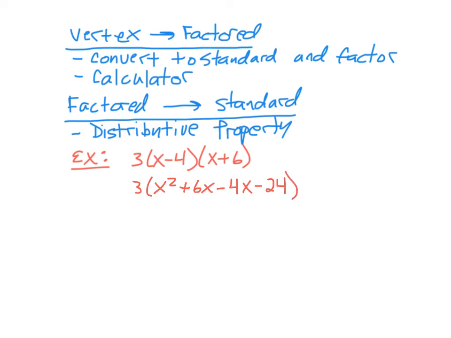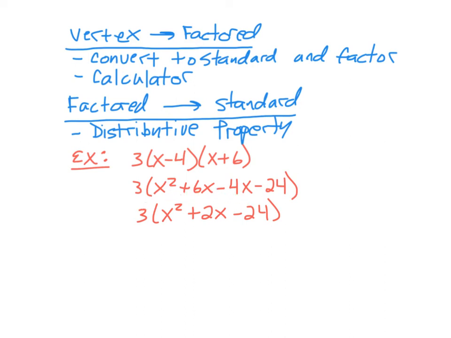So there I've used the distributive property. Now I will combine my like terms, the two middle terms, and that gives me x squared plus 2x, 6x minus 4x is 2x, minus 24. And I'm not done because I still have my leading coefficient here, and I'm just going to distribute that to all three terms inside the parentheses, and I'll be done.